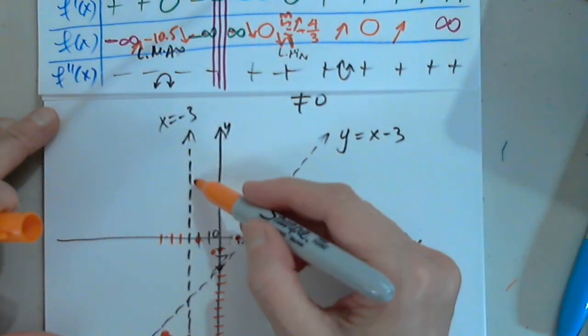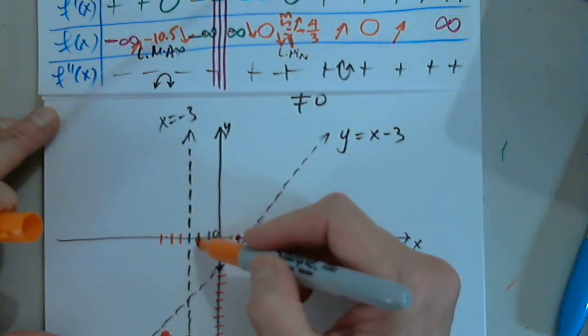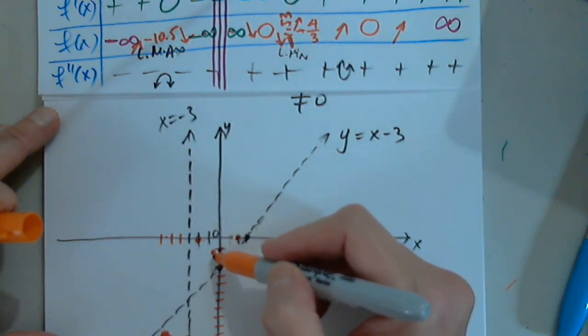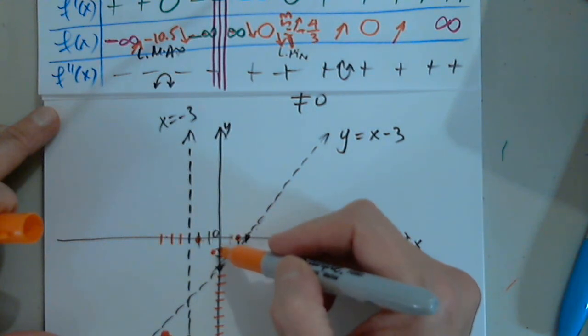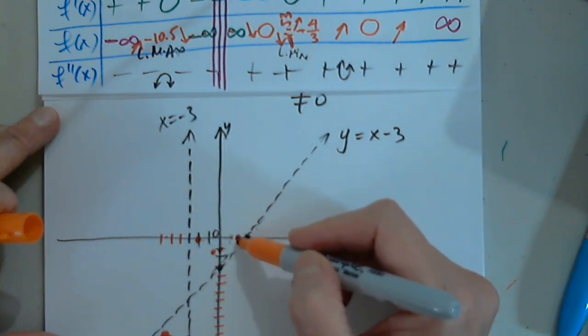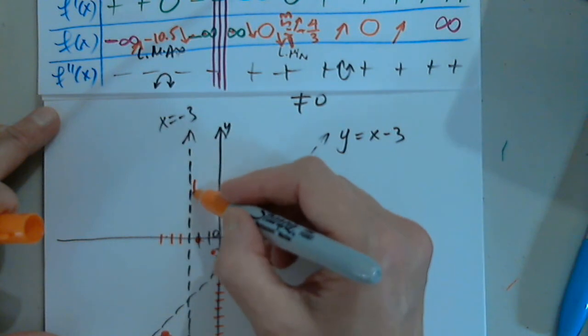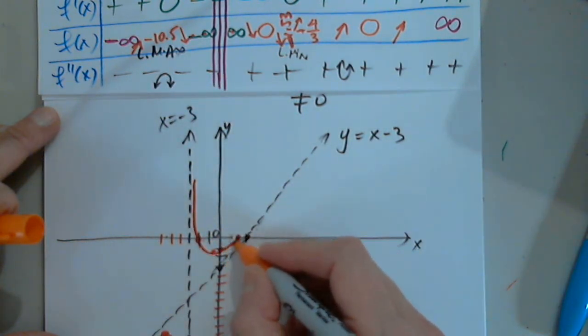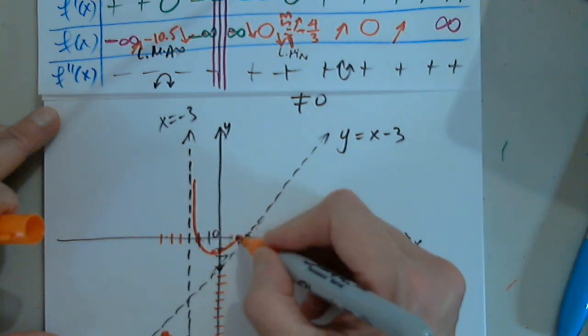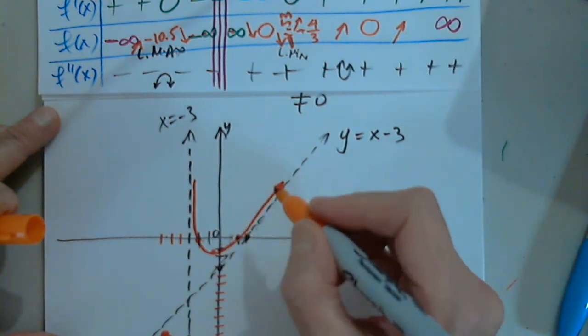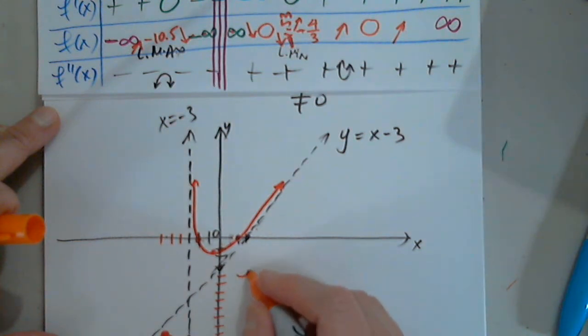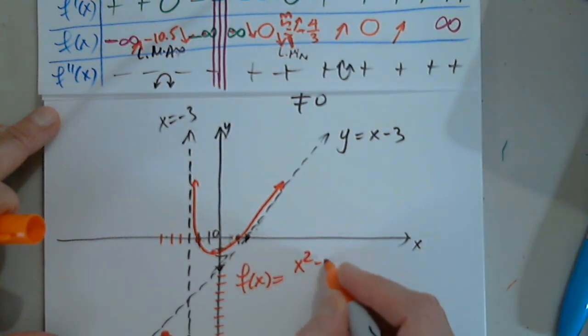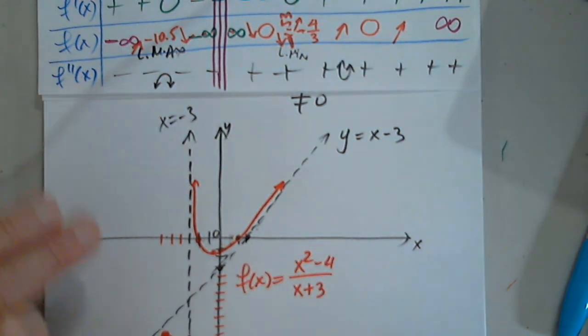On the other side, coming from positive infinity, crossing at negative 2, 0, reaching the local minimum, crossing the y-axis, crossing the x-axis at 2, 0, going towards infinity. Minimum, crossing the y-axis, the x-axis, and approaching the asymptote. So this is the function. Very nice. There's a good function. Yes, of course.